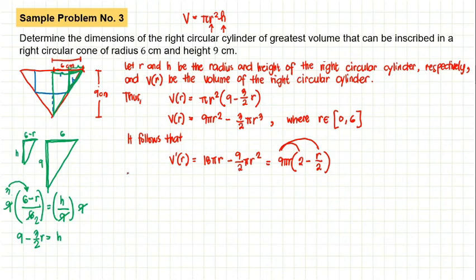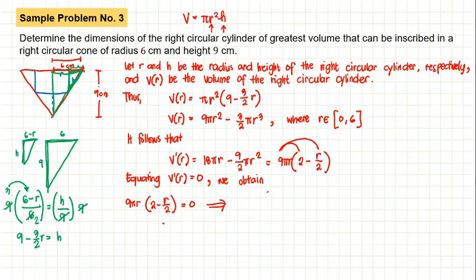We will now equate it to 0 to get the critical points. So equating V prime of r equal to 0, we obtain 9 pi r times (2 minus r over 2) equal to 0. So from that, we can solve for r. Equate the two factors to 0. 9 pi r equal to 0, therefore r is equal to 0.